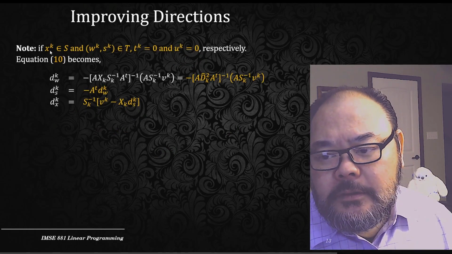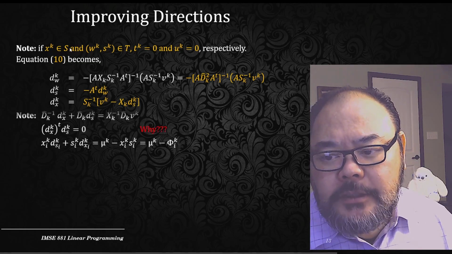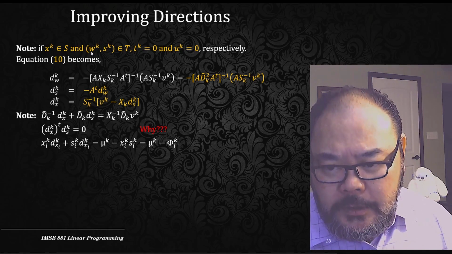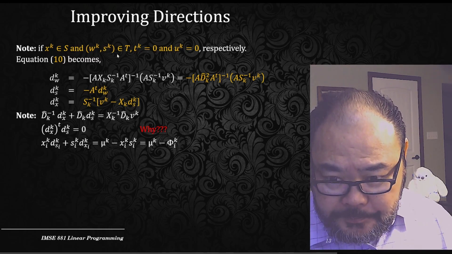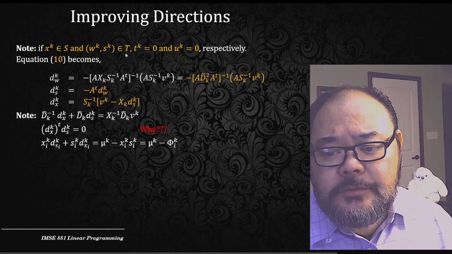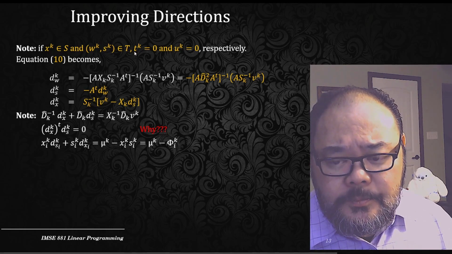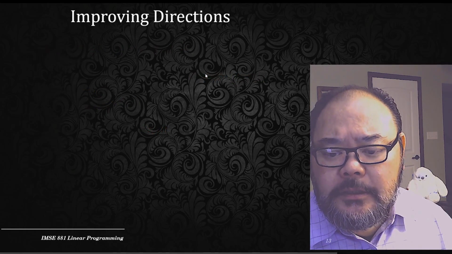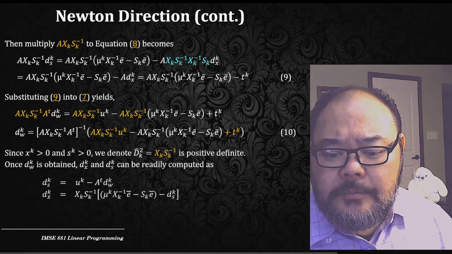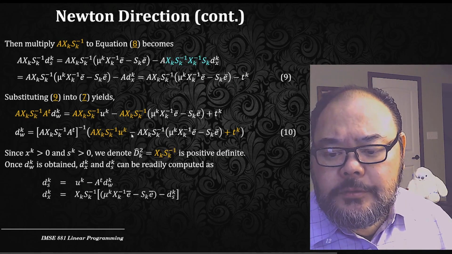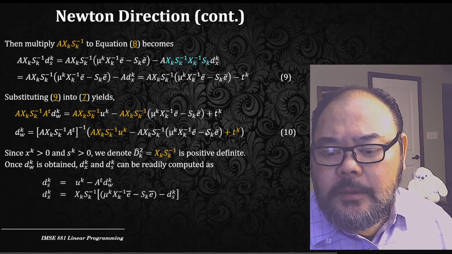However, if the current primal solution xk is positive and feasible to the primal feasible region, and omega k and sk satisfy the constraint, which is dual feasible, therefore the tk and the mu k are equal to 0. Let's take a look at the previous slide. So the tk portion and the mu k portion are 0, so only this part is left.